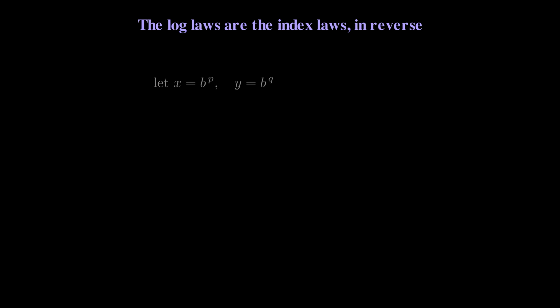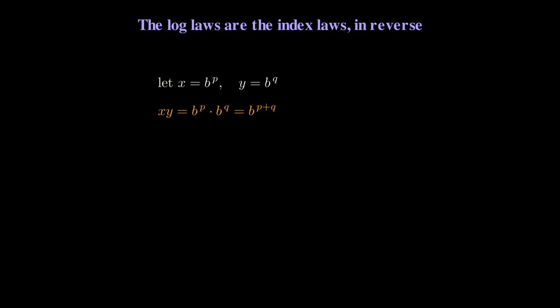Where do the log laws come from? They're the index laws wearing a disguise. Write x as b to the p and y as b to the q. Remember, a log is just an exponent. Multiply x and y, and they add. The powers rule gives b to the p plus q. Now take the log base b.